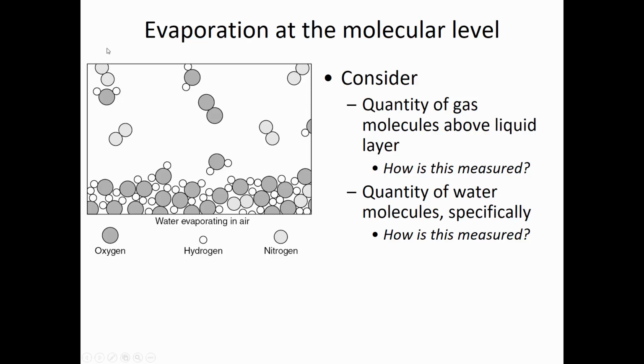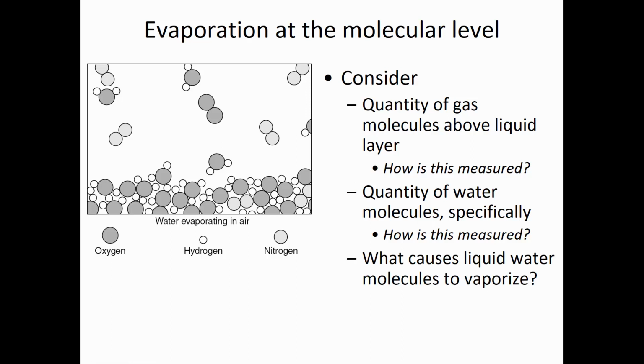If atmospheric pressure is 101,325 pascals, then one of the ways to measure how much moisture is in the air is by the partial pressure that's being exerted by the nitrogen, by the oxygen, and also by the water vapor that is in that mix of gases that's in the atmosphere. Now, the amount of water molecules that we would measure is either by relative humidity or by the partial pressure.